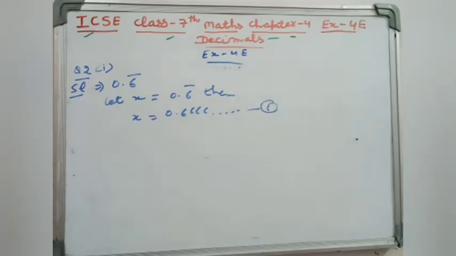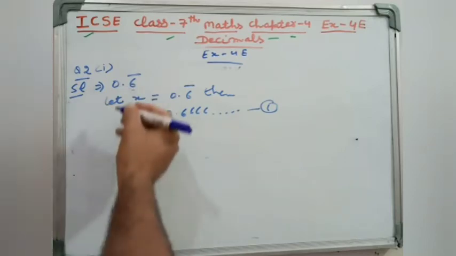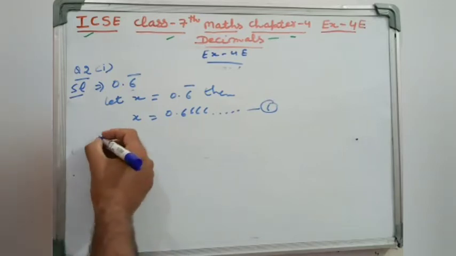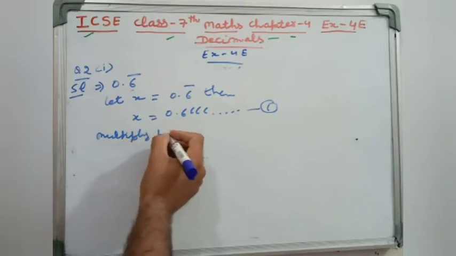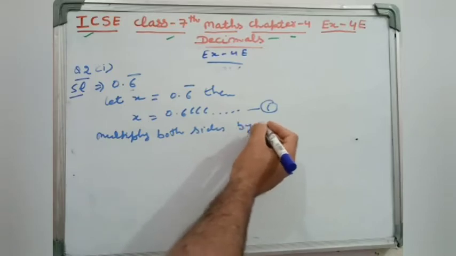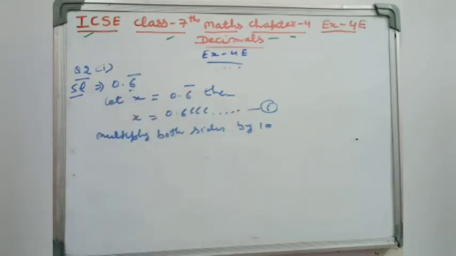Now, as there is only one digit under the bar, we multiply both sides by 10. Why 10? Because there is only one digit under the bar.